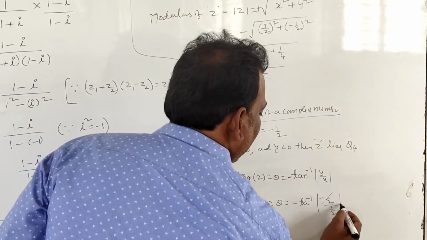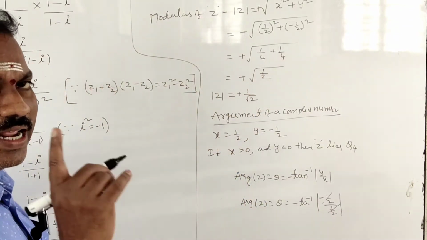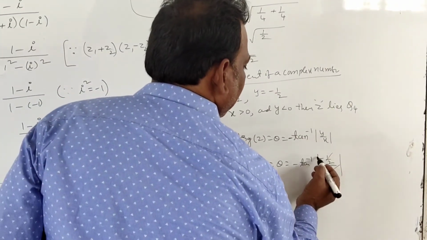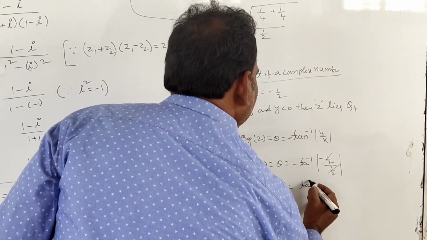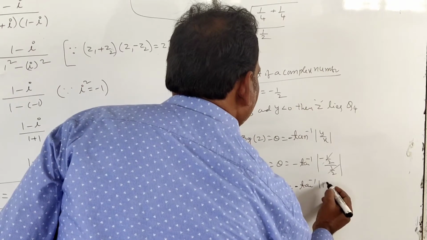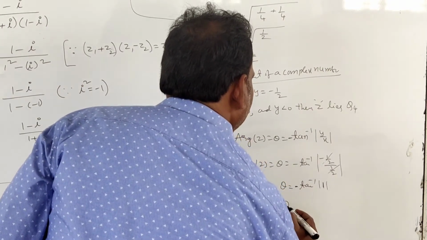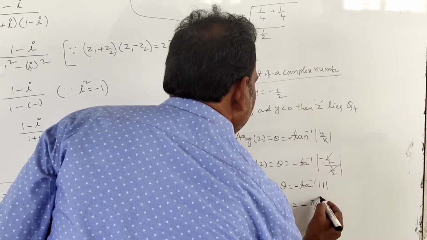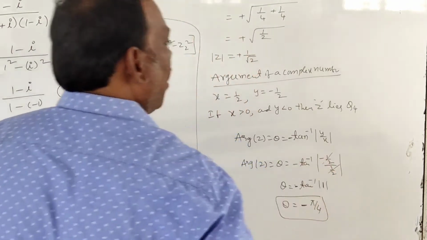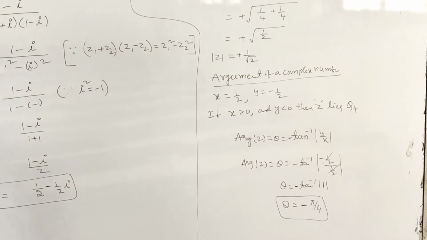We can cancel 1 by 2 and 1 by 2, you will get 1. There is a negative symbol, but the modulus of a negative is positive, so minus tan inverse 1. The tan value 1 is pi by 4. So minus pi by 4 is the argument of the complex number, students.